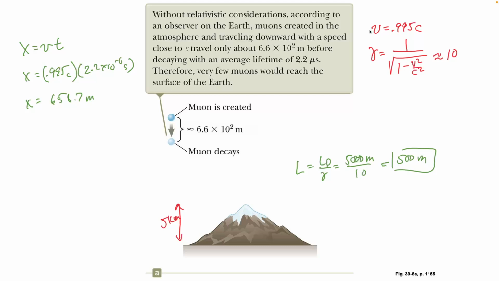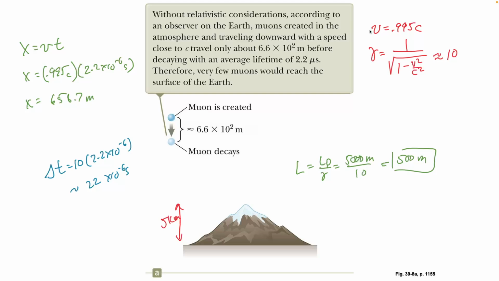But as we observe mu mesons being created way up there and moving, we from planet Earth would not see 2.2 times 10 to the minus 6 seconds. We would see a dilated time, a creation and annihilation happening at two different locations. And so we go to measure what that dilated time is, and we get 22 times 10 to the minus 6 seconds.